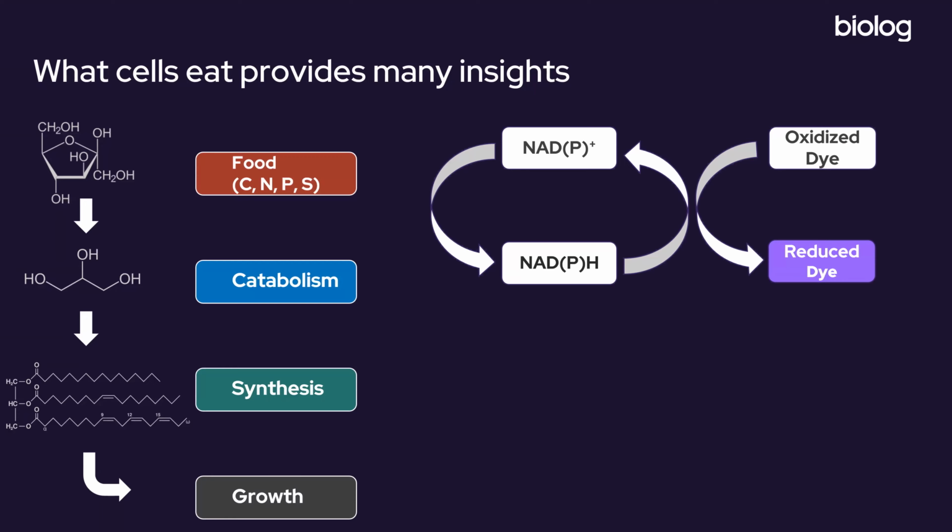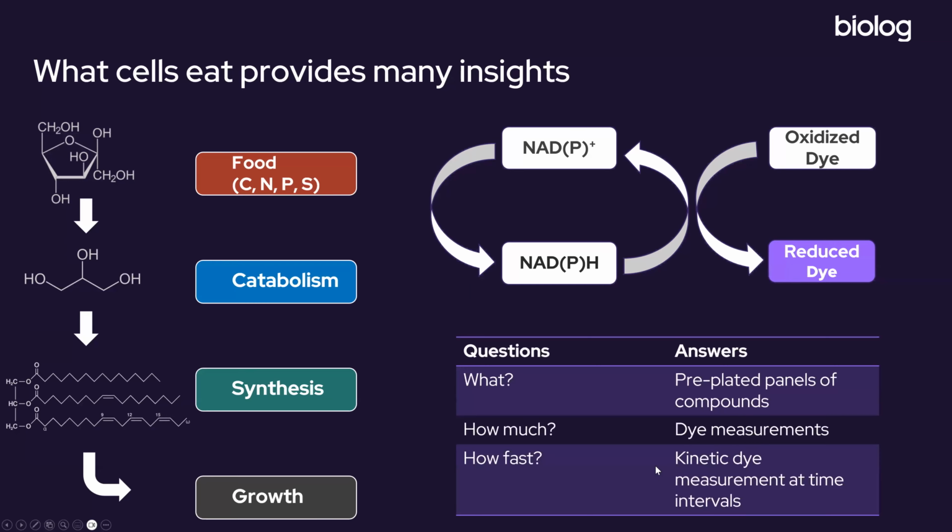So, one of the ways that we can measure phenotypes of cells is to add a redox reporter dye that is permeable into the cells and is colorless when it's oxidized. When it gets reduced during any of these metabolic processes, it irreversibly changes color. And so, we can measure this color change to be able to answer all of these different questions.